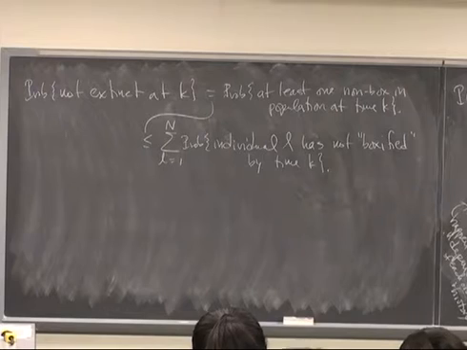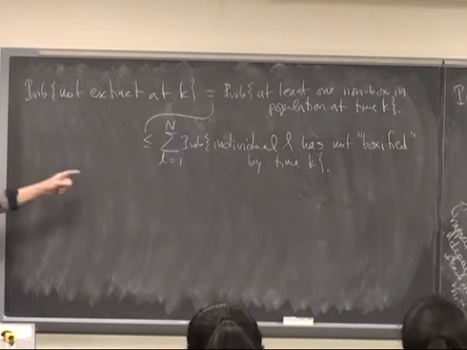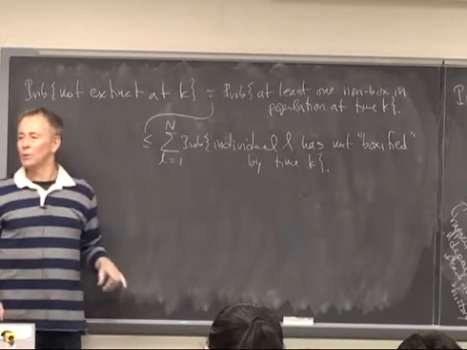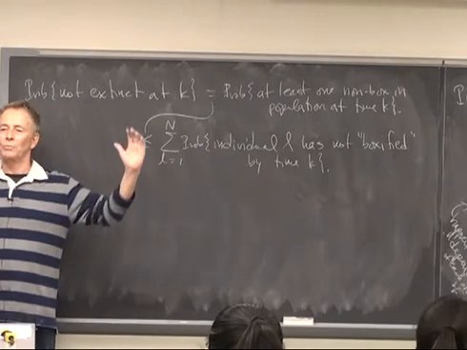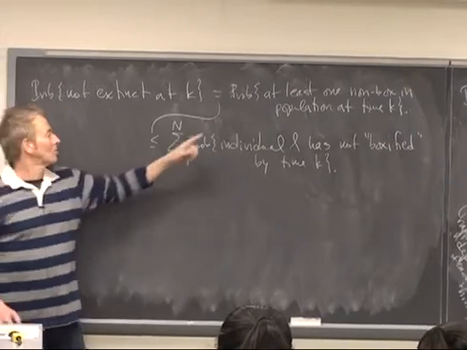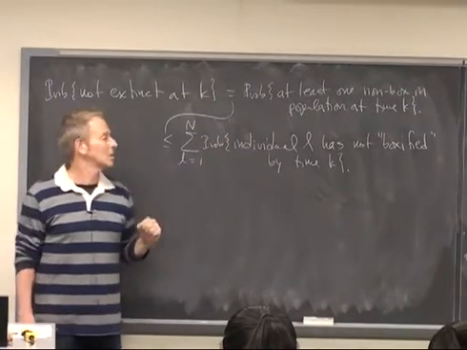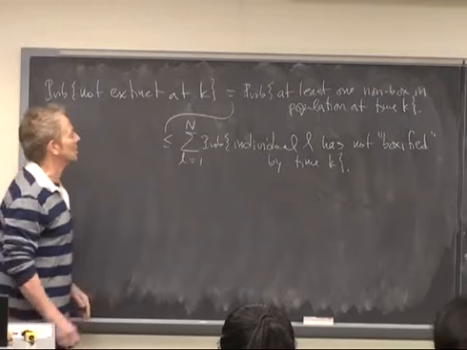Why is there less than or equal to there? Well, because these events that the individual at L has not boxified by time k are not mutually exclusive. So the probability of their union, which is the probability that at least one individual has not boxified at time k, is less than or equal to the sum of the individual probabilities.